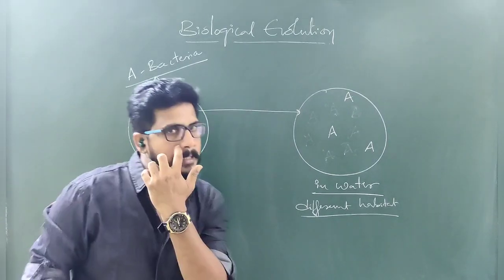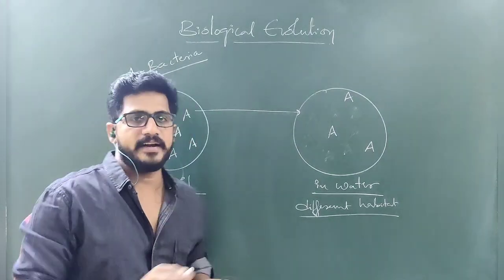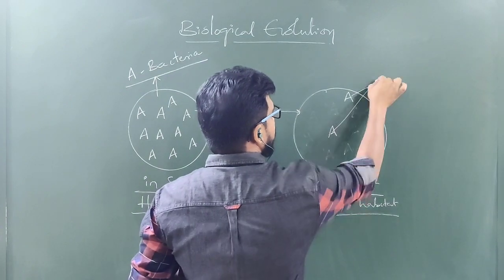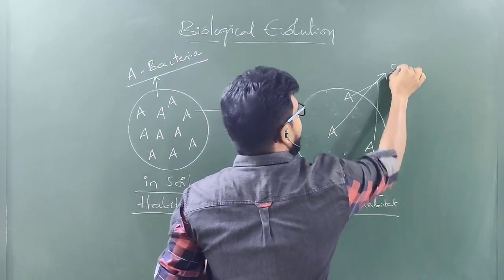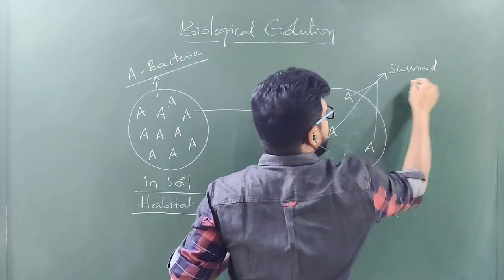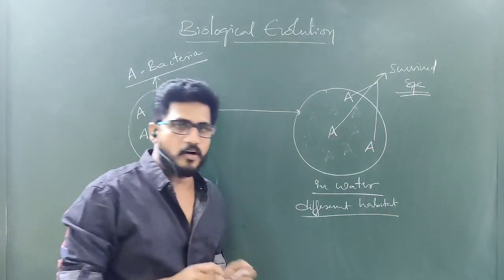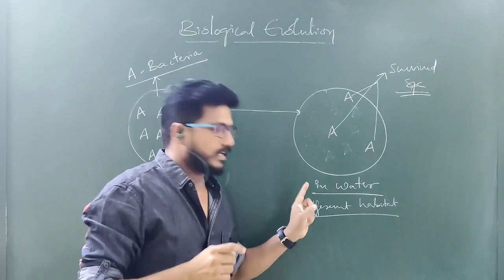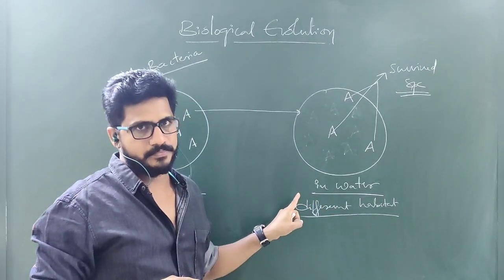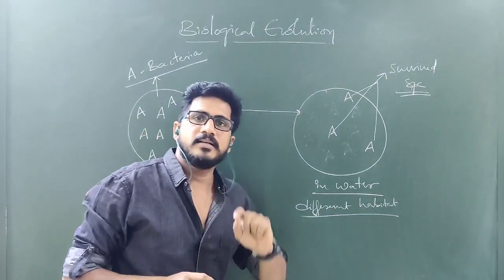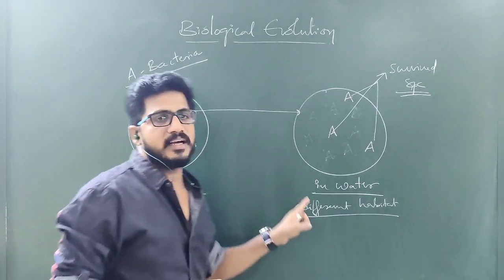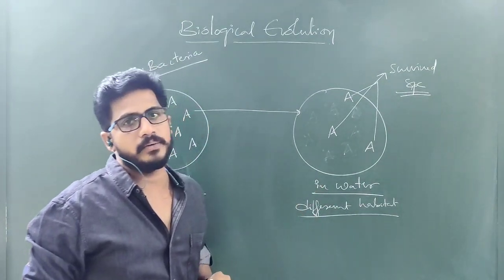When we shifted all the 10 into the water, 7 died and 3 survived. So they are the surviving species. Why did they survive? Because they adapted the characters to even live in the water. Despite being soil bacteria, in the water also they are able to live.